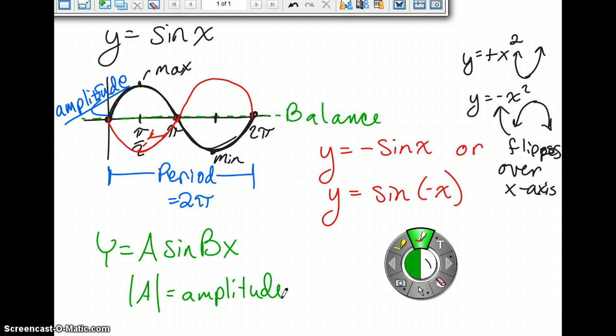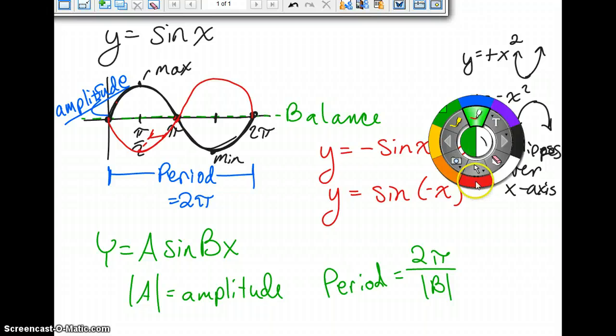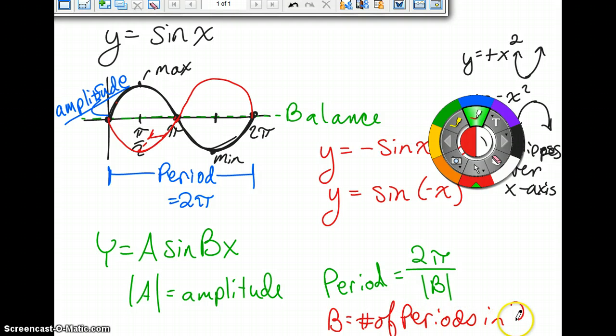And then the period uses the b. Period is 2 pi over the absolute value of b. The b equals the number of periods in 2 pi.